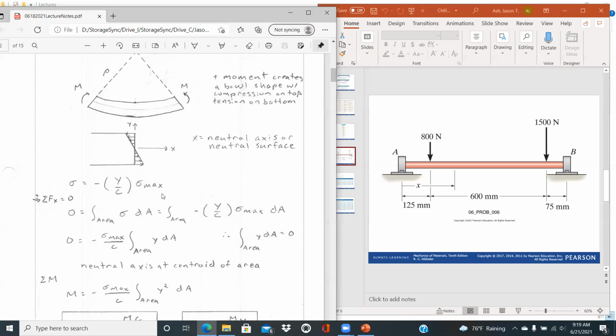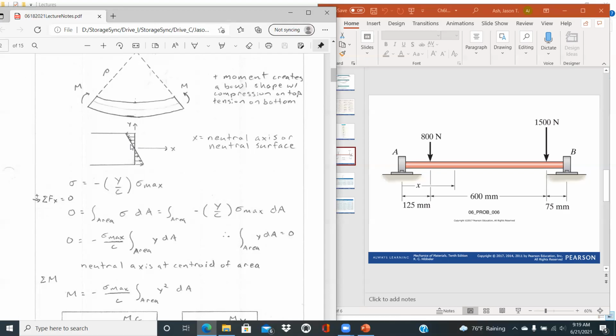and times sigma max. And so what this does then is if y is equal to c, where you're on the outer edge, sigma will just be equal to sigma max. And if you're at the other end, at minus c, that would be a positive value then for your sigma equal to sigma max.